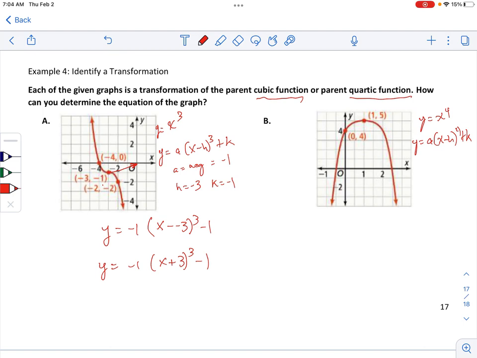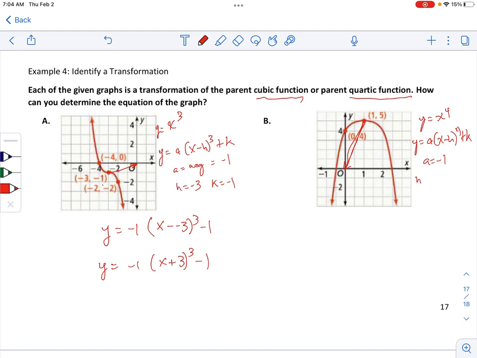Well, we got flipped upside down, so that tells us that we're going to have a negative 1. And in this case, it didn't widen it out any more than that, so it's just negative 1. And then our center got moved from up there to down here.